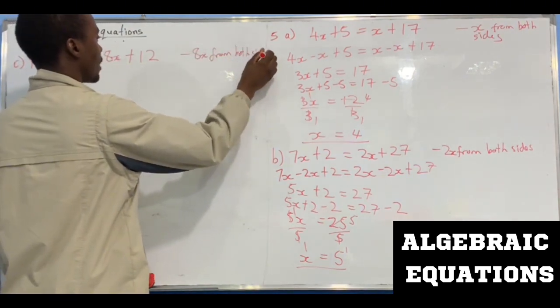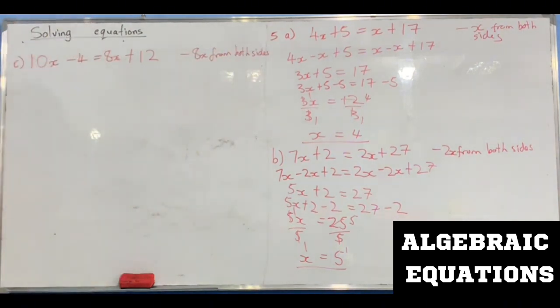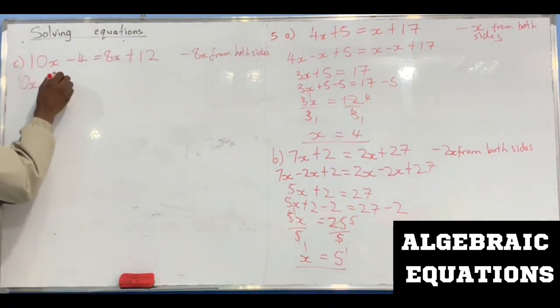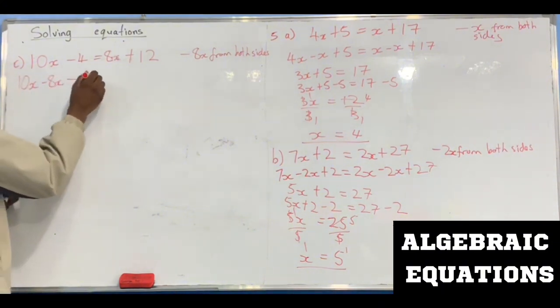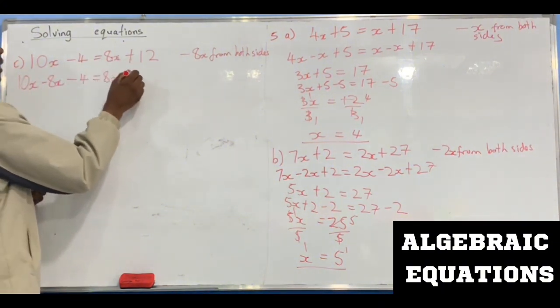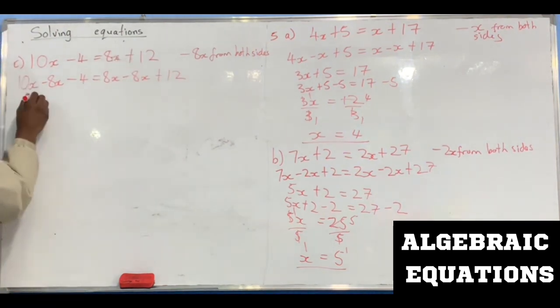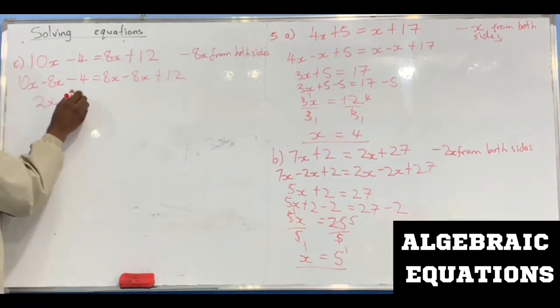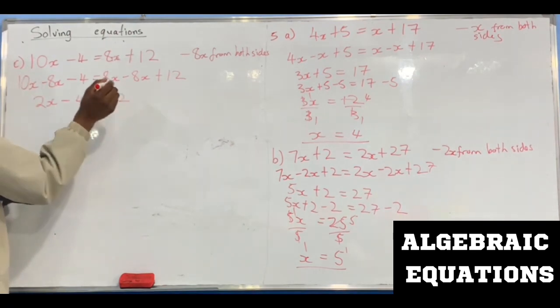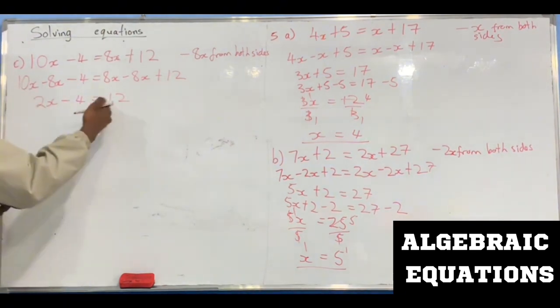This makes the work easier for us. So what we'll simply do is we'll subtract 8x from both sides. Then it will be 10x minus 8x minus 4 is equals to 8x minus 8x plus 12. So 10x minus 8x equals to 2x minus 4 is equals to 0x plus 12.